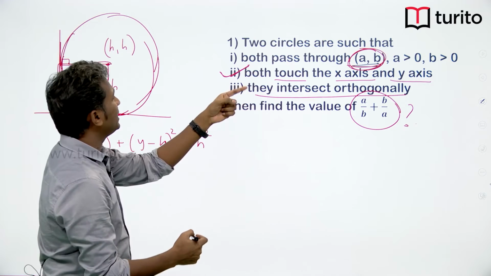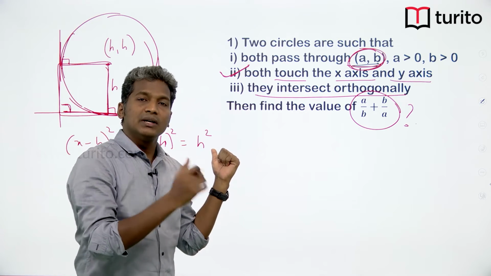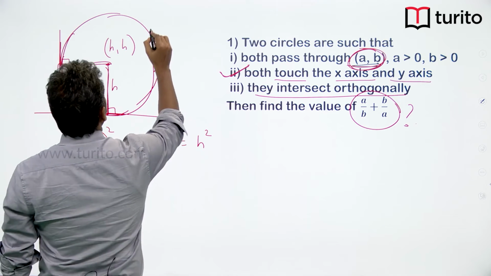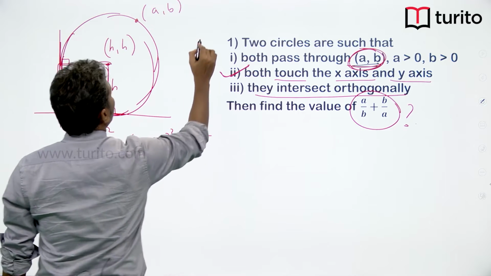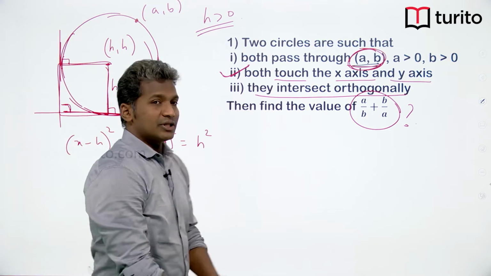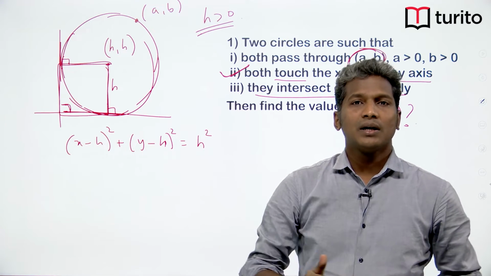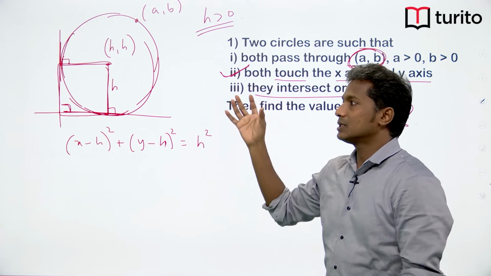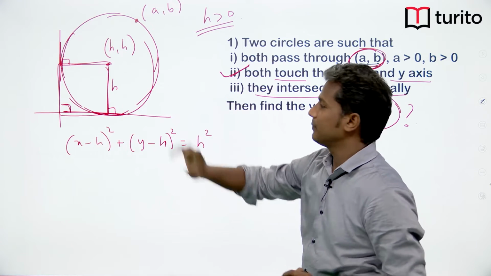Now, if a comma b is in the first quadrant, then circle must lie in the first quadrant, which will make our h to be positive value. So, because a comma b is in the first quadrant, we conclude that h must be positive. Now, sometimes h can be negative also. Sometimes when the information is not so conclusive, we may have to take the circle in the third, fourth quadrants also. Okay. It can be anywhere.